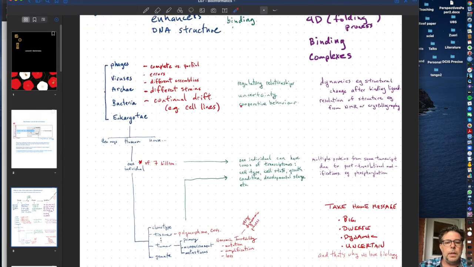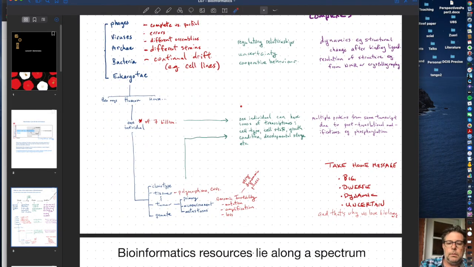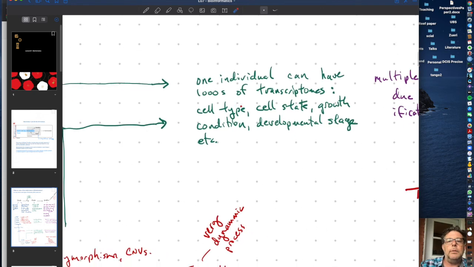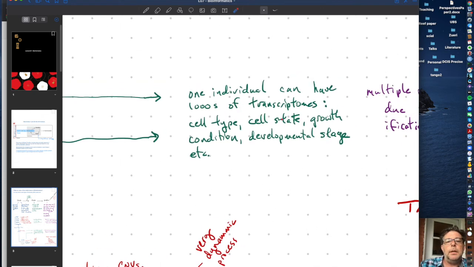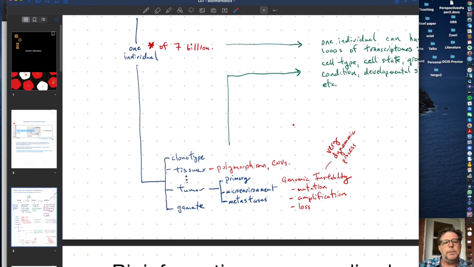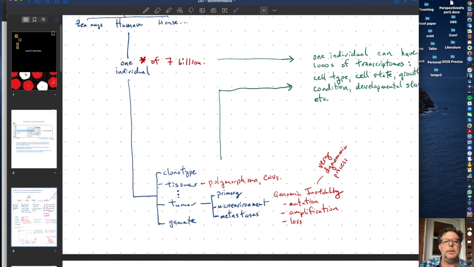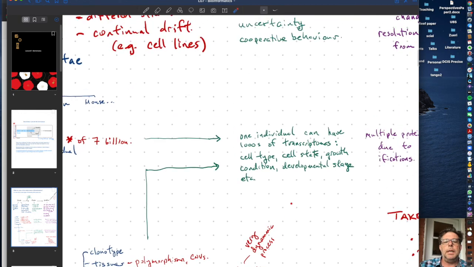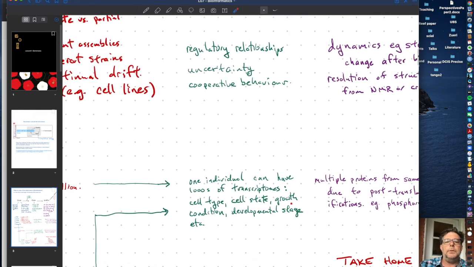Okay, so what I wanted to say here is that you have one individual with thousands of transcriptomes. This is a really important concept because, even if we have maybe one genome, you'd say, well, Mike, all those things that you described, it's all basically the same genome. I give you that there's variability, but that's certainly not true at the transcriptional level.